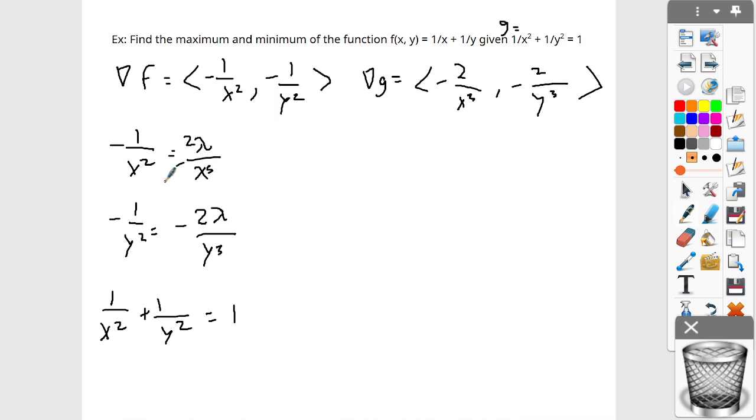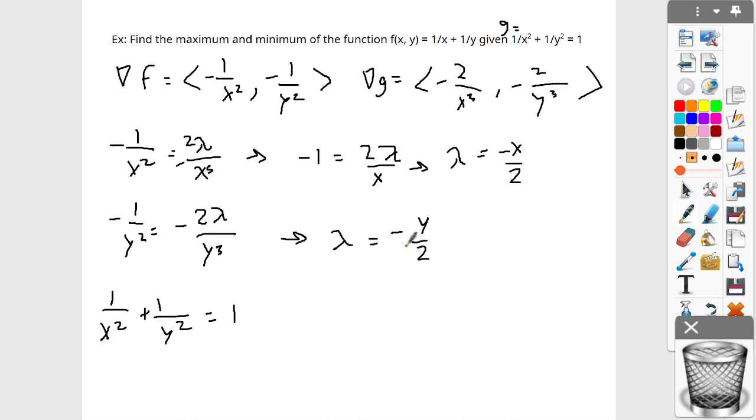So how would we want to approach this? The way I want to approach this question is to first multiply this by x squared and this by y squared. So this becomes -1 is equal to 2 lambda over x. So I could solve for lambda: lambda is -x over 2, and similarly lambda is also -y over 2.